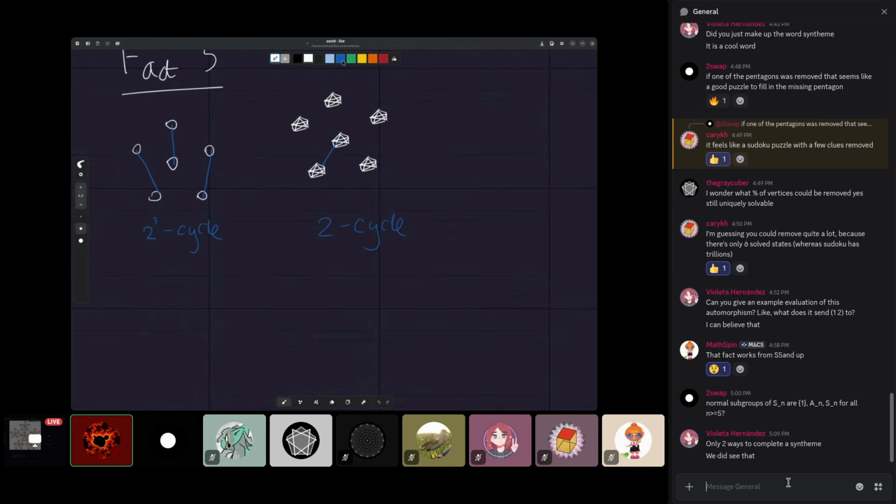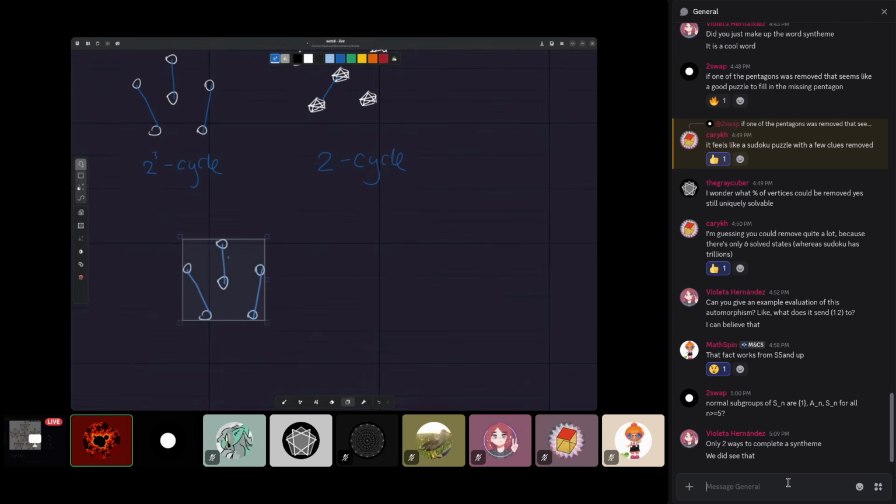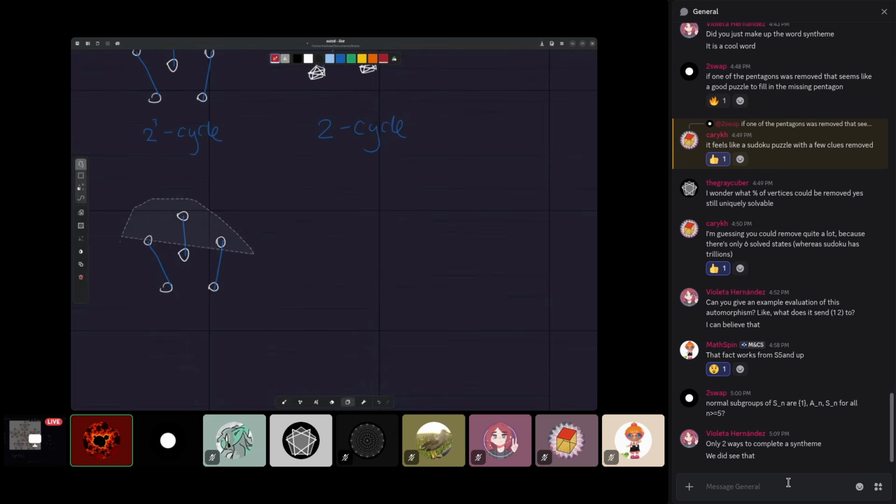Well, because what are the two that contain it? There's two ways it could go. So whatever syntheme's here, we'll call it red. And so red could be that, or it could be that, basically.